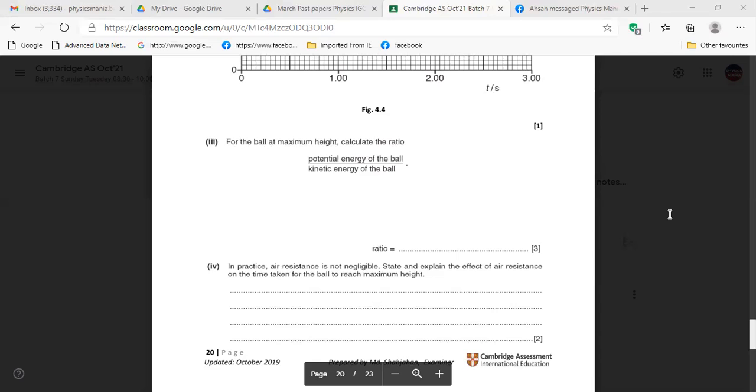Then get the ratio. So g will be 9.81 into height, which is 11, divided by half into 25.5 divided by 3.